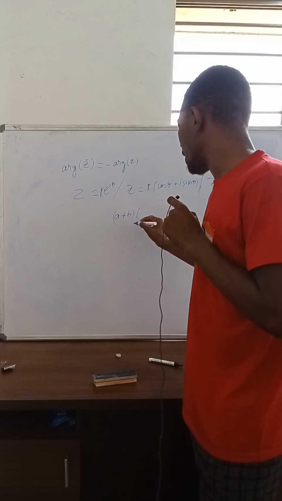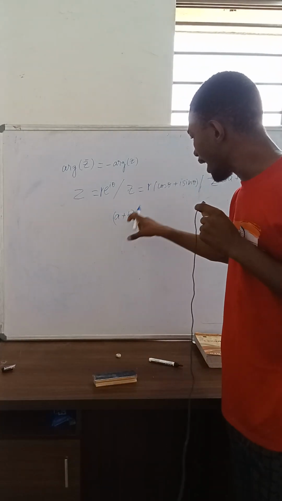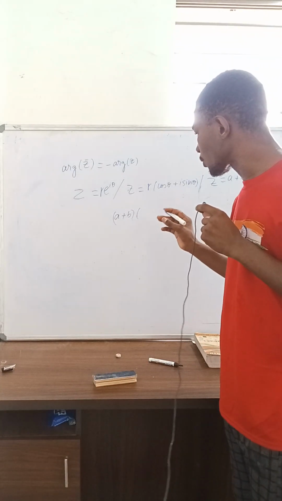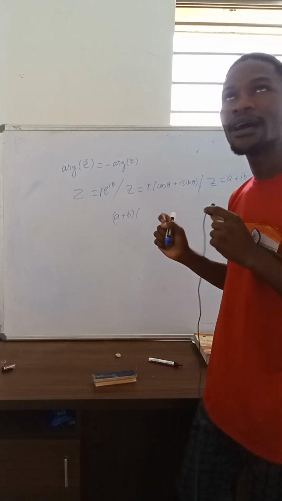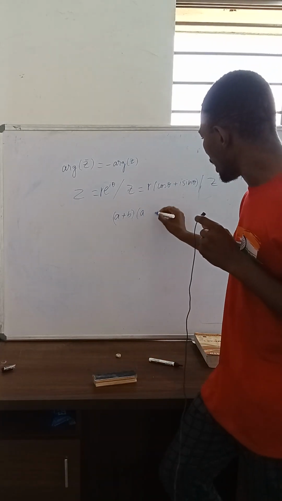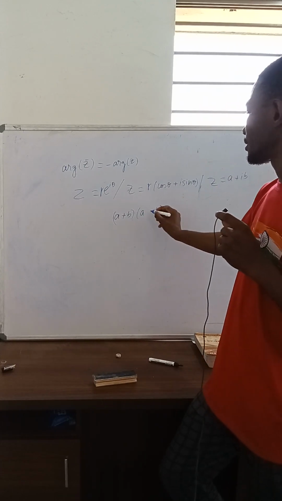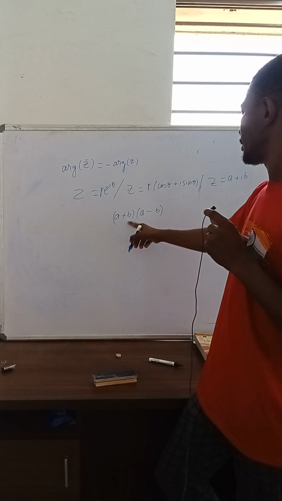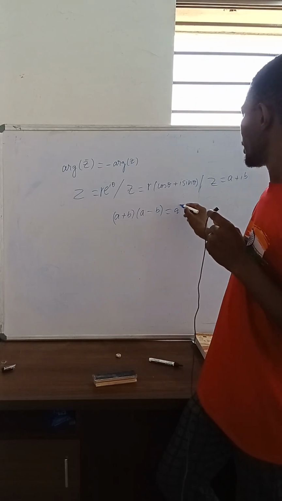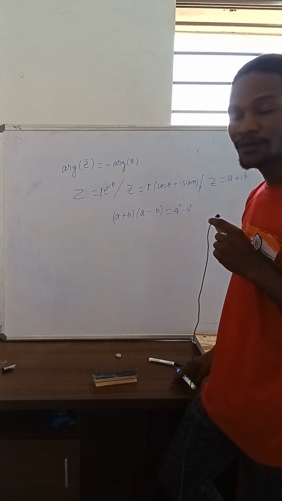I will keep the same a and b, but just change the sign. So it will be a square minus b square. Then I will call this the conjugate of this one.